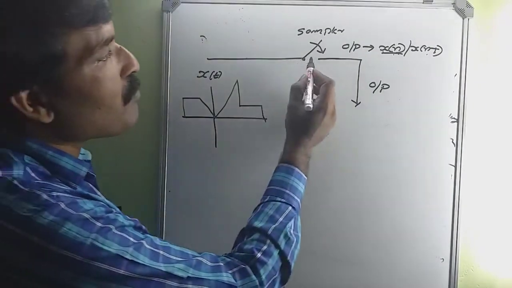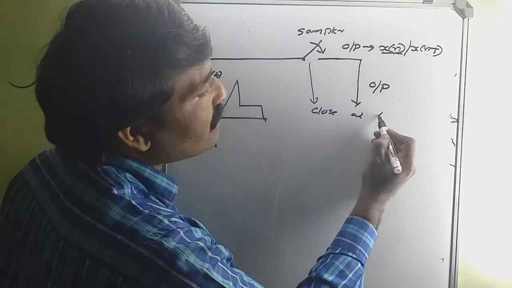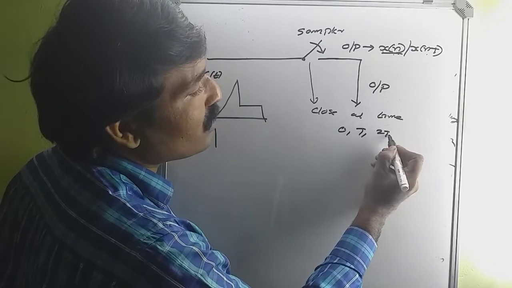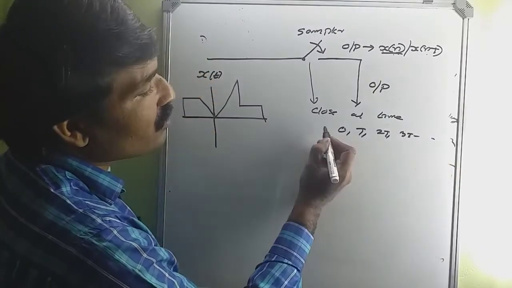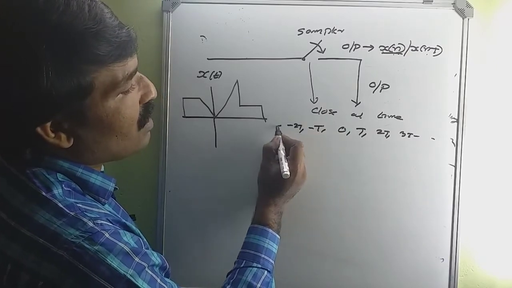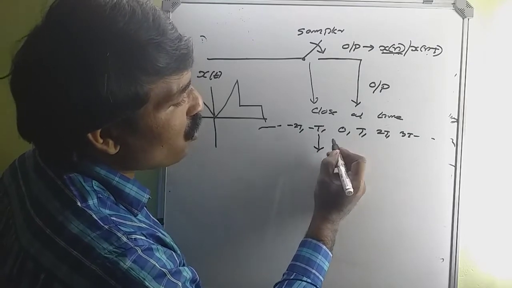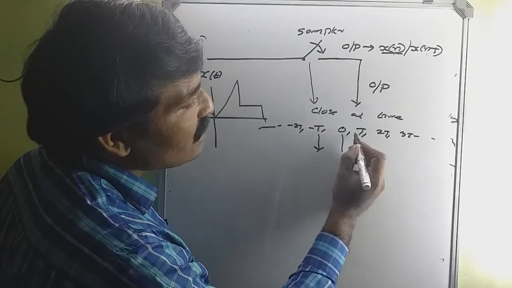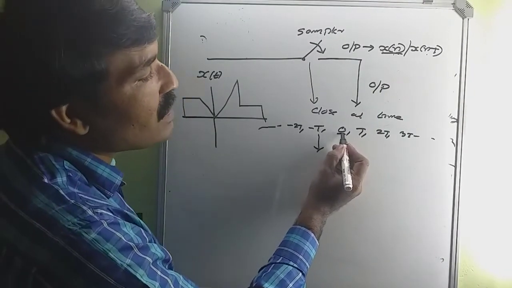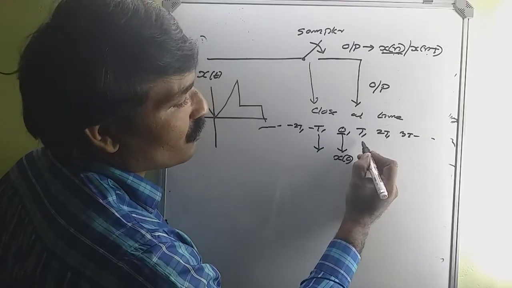The sampler will close at time 0, T, 2T, 3T, etc., and here minus T, minus 2T, and so on. So the value of the signal is known at these instants. The value of the signal or the strength of the signal at n equal to 0 is denoted by x of 0.